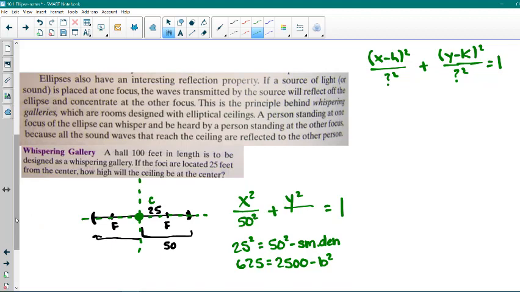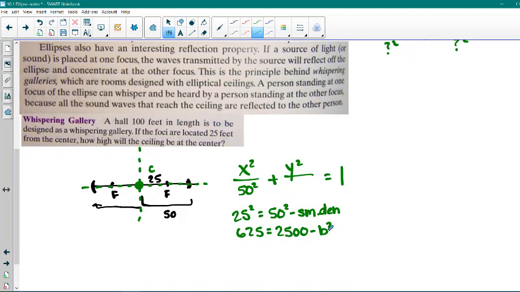So if I want to solve this equation for b squared, I would subtract 2,500 on both sides. And when I do, I get negative 1,875 is equal to negative b squared. So that would mean b squared is equal to 1875.